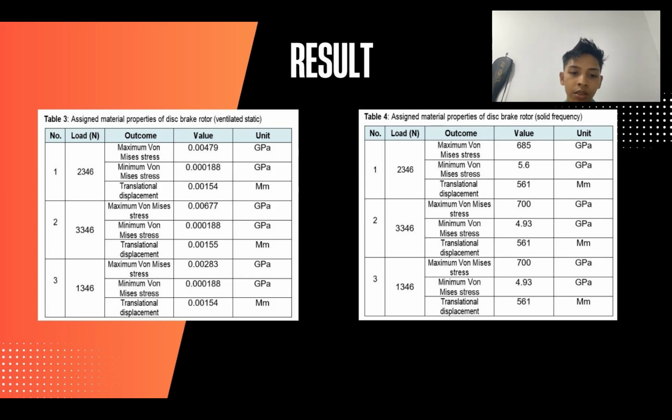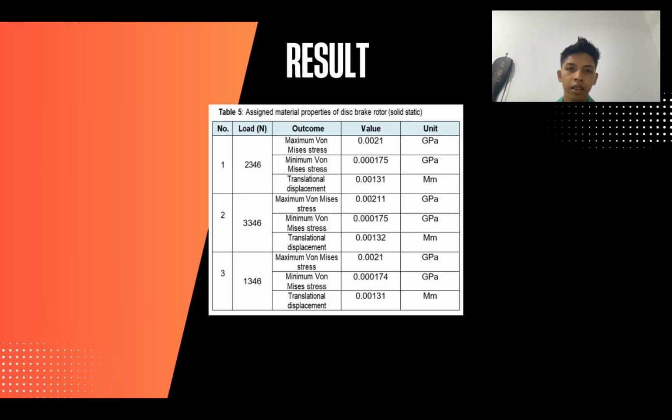And last, for the load 1346, for maximum von Mises stress 700 gigapascal. For minimum von Mises stress 4.93 gigapascal, and last translational displacement 561 millimeter. Lastly is table 5, assigned material properties of this brake rotor for solid statics.